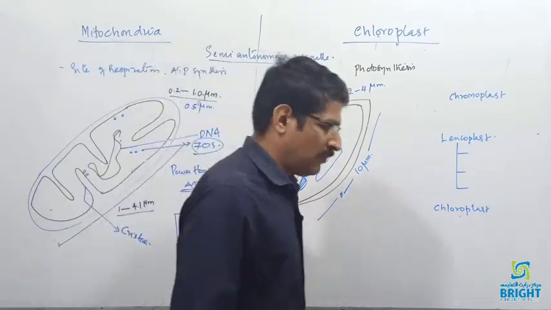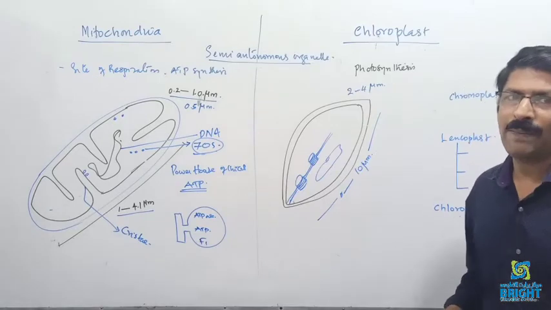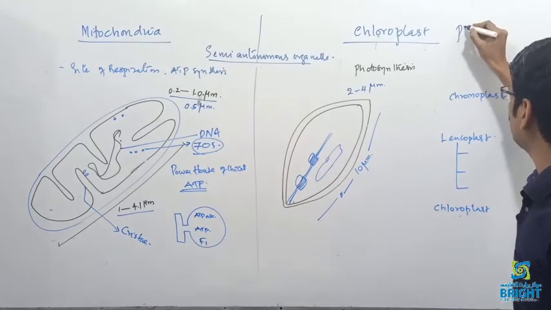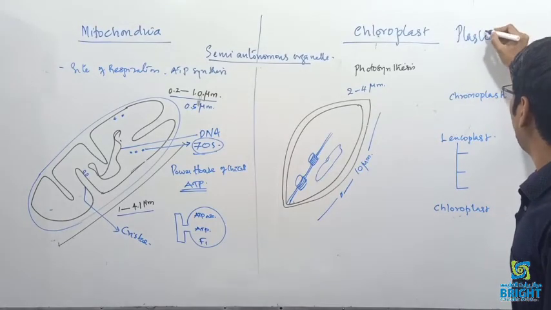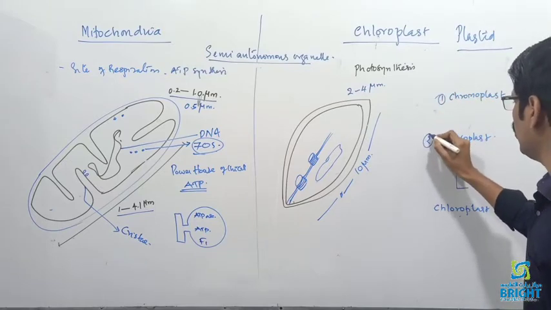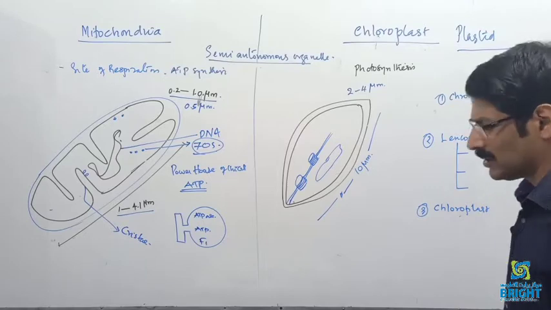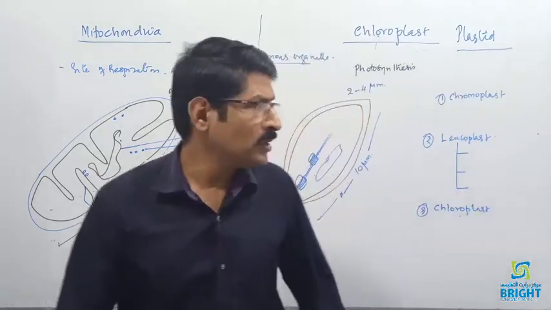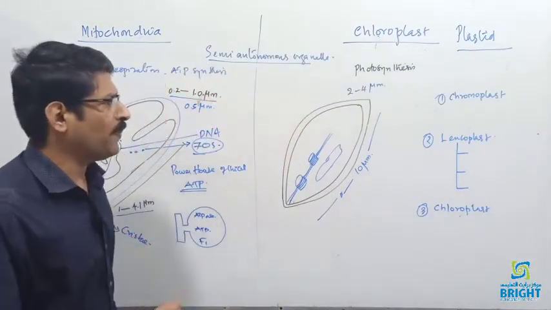Next is chloroplast. We know chloroplast is the kitchen of the plants, and commonly it is called a plastid. Plastids can be divided into three types: chromoplast, leucoplast, and chloroplast.